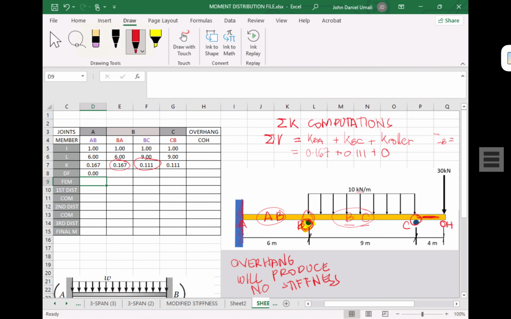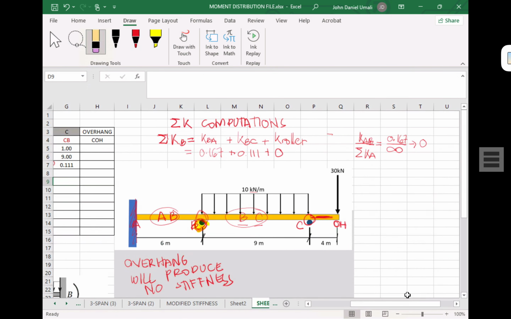Summation KB is equals to 0.167 plus 0.111 plus 0, plus 0, pero that is the same.